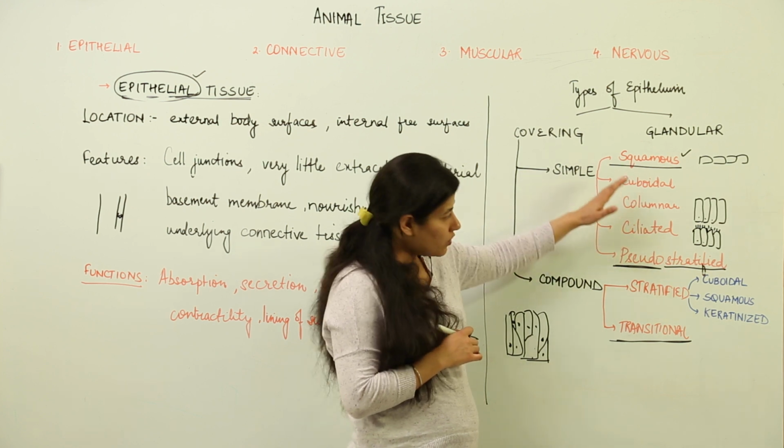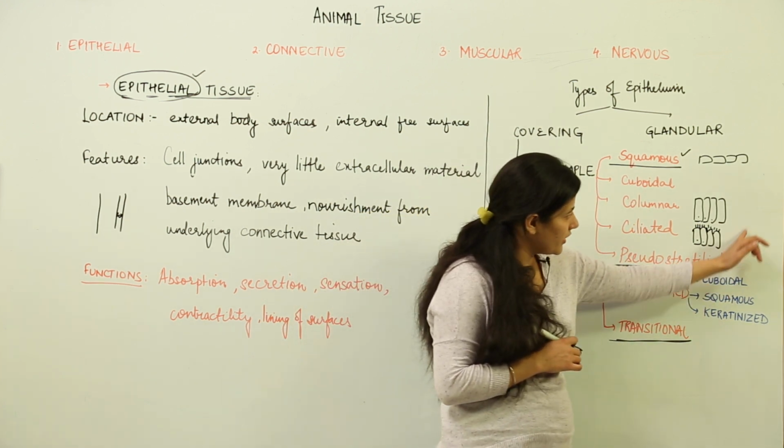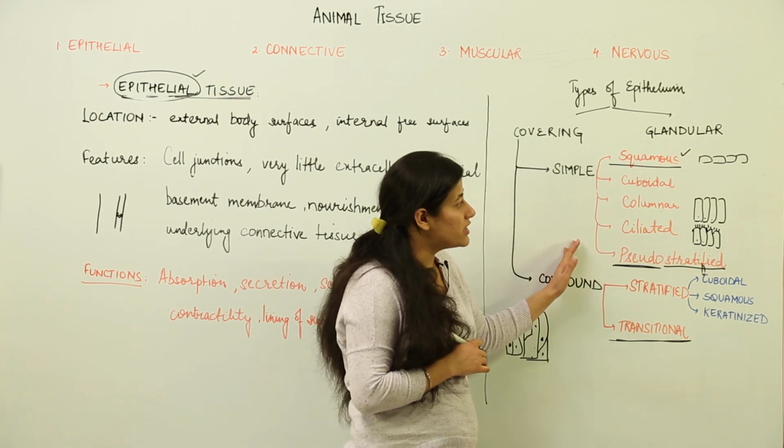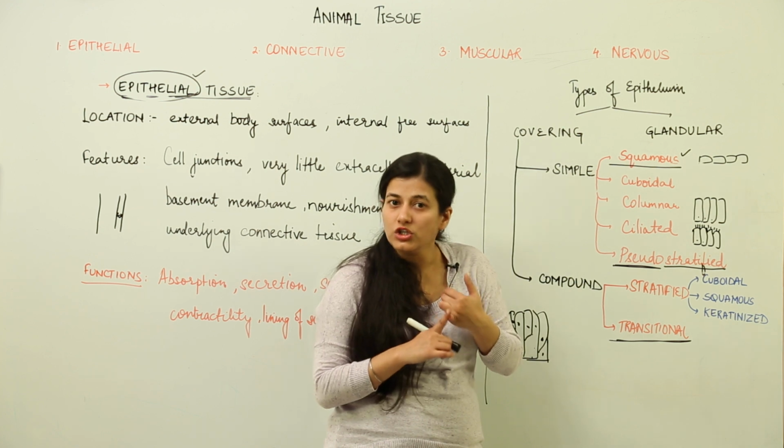Columnar would also be present. All these types of epithelium are going to be found in the areas where there is either secretion or absorption.